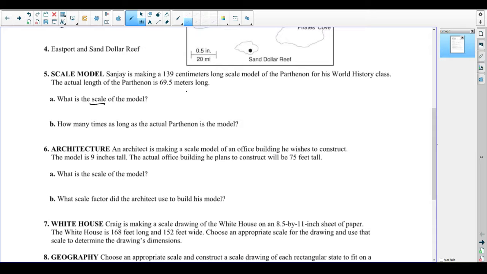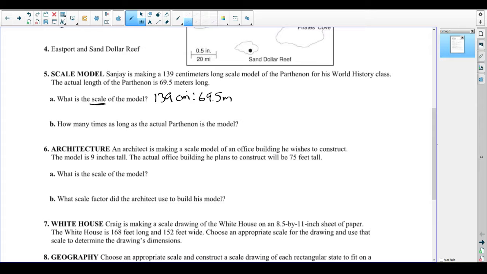So if we want scale, it just wants a ratio, like what we had on our map. Instead of 0.5 inches to 20 miles, it's some number of centimeters to some number of meters. We can write it out as 139 centimeters to 69.5 meters, and then we just simplify that.